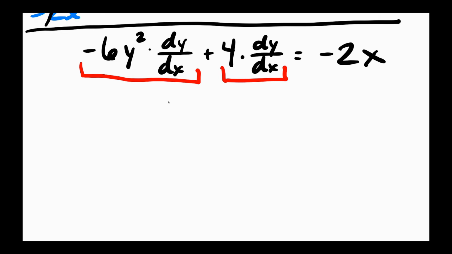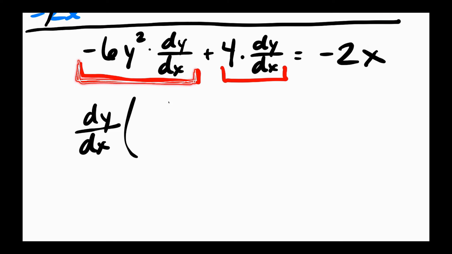So I can use division or called factoring, reverse distributive property. So what I could do is say, okay, I'm going to divide this guy out. What's left in the first term when I divide a dy dx out? Negative 6y squared is left over there, plus, and what's left over in the other one?